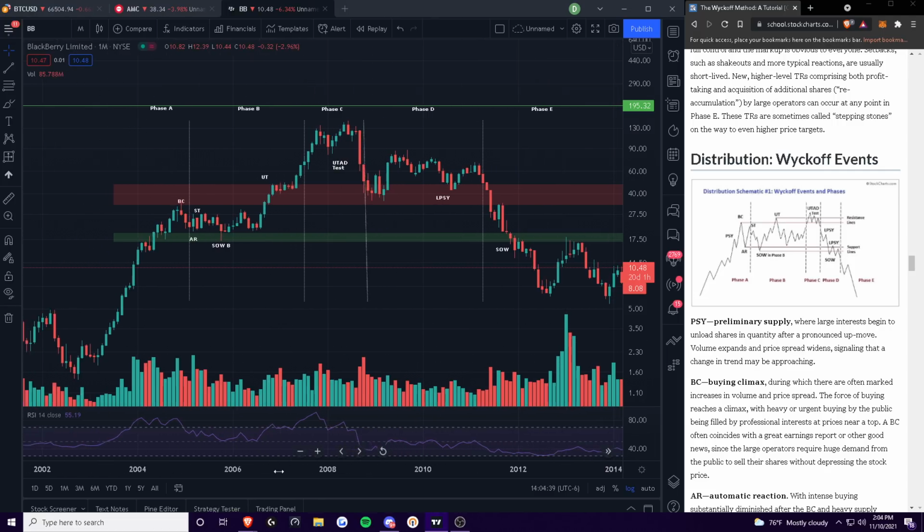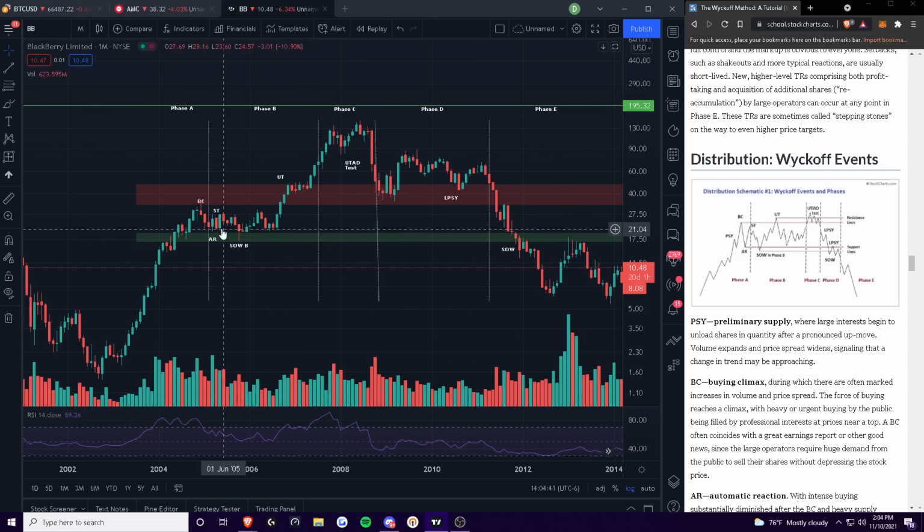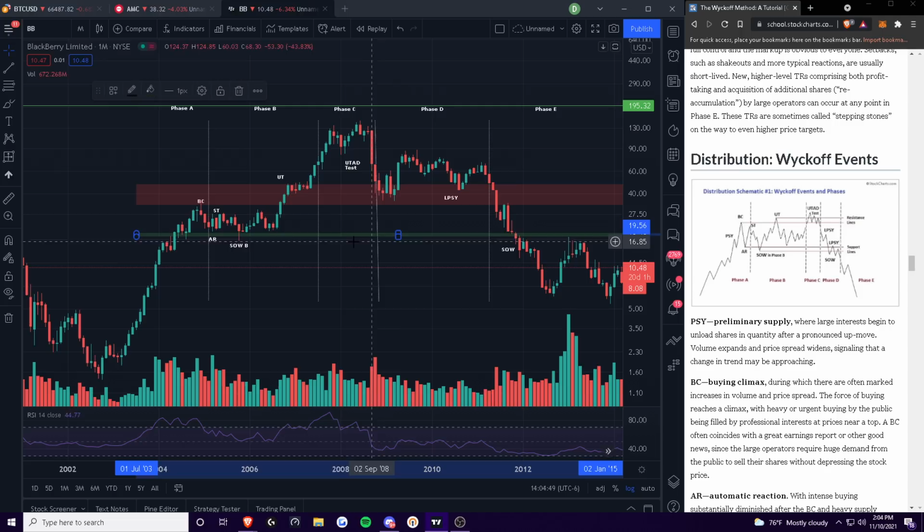And you can see how they test the liquidity zone down here. They notice a sign of weakness in the chart. They basically go, okay, we're not getting a ton of support here, but what we're going to do is create a price rally, right? They create this price rally, and then along the way they're selling off, taking profit, and then they do this big price rally.